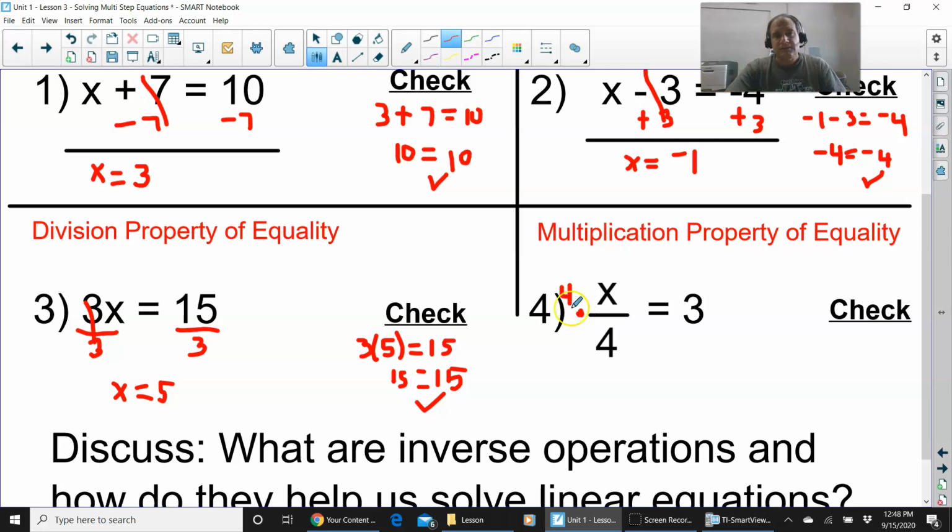So this is really like 1 over 4 times 4 over 1. Since there is no 1 showing here, but you know there's a 1 next to that x, it is really like 1 over 4x. But I'm just saying you multiply by 4, and if you have to multiply by 4 on the left side, multiply by 4 on the right side.